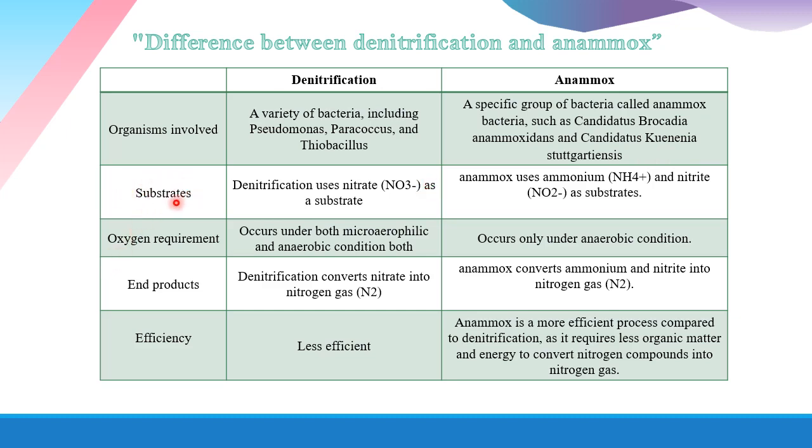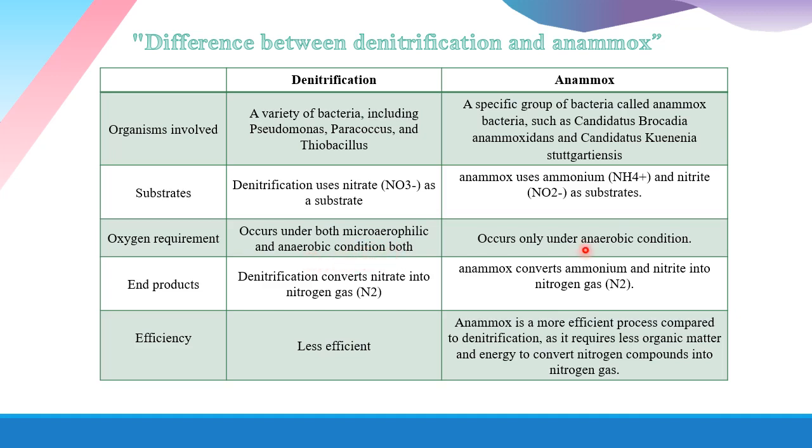Regarding the substrate, the substrate used by denitrification bacteria is nitrate, whereas Anammox bacteria use ammonium and nitrite as substrate. Oxygen requirement: denitrification is mainly an aerobic process, and it can also occur under microaerobic or even anaerobic conditions.